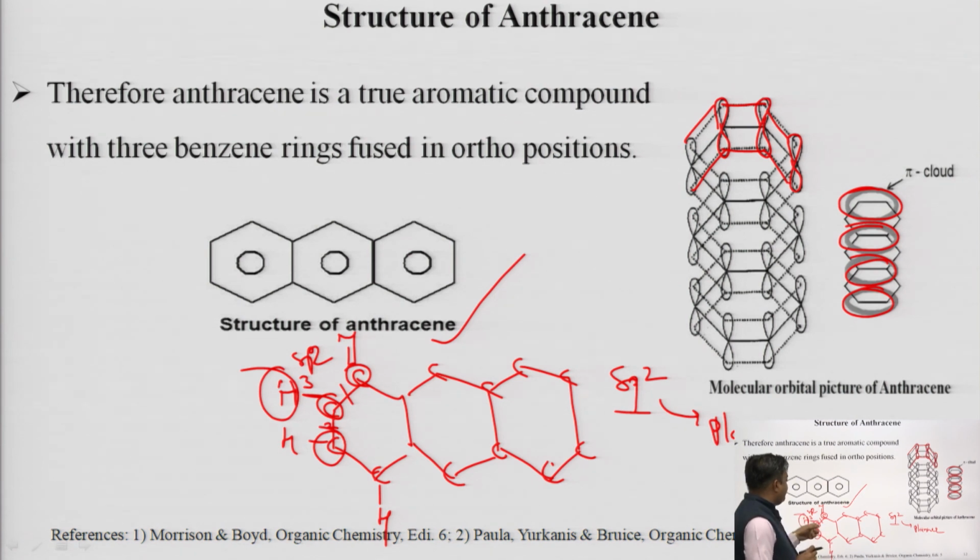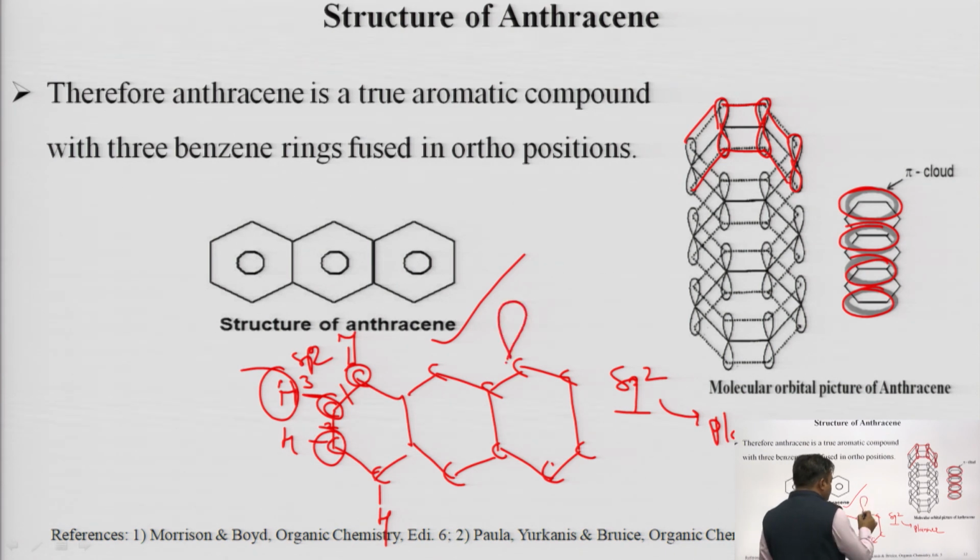And this carbon-hydrogen bond is formed because of the overlapping of the s orbital of the hydrogen and the sp2 hybridized orbital of the carbon. And one valency is fulfilled by an unhybridized p orbital, and this p orbital has an unpaired electron.